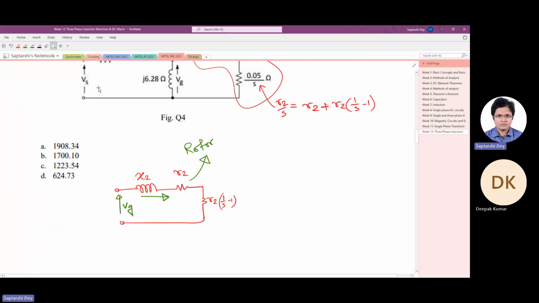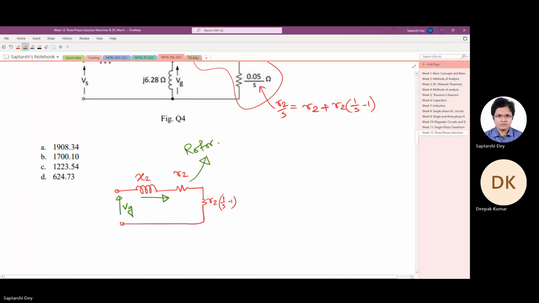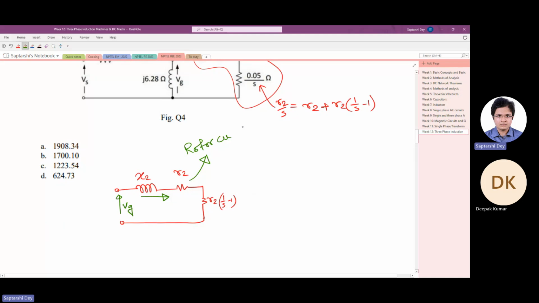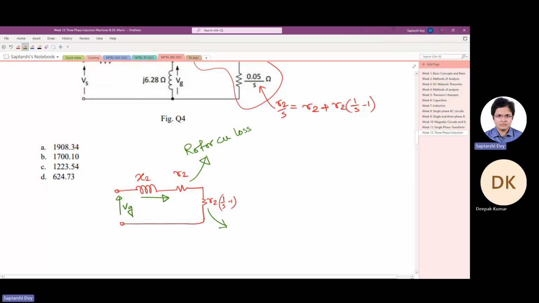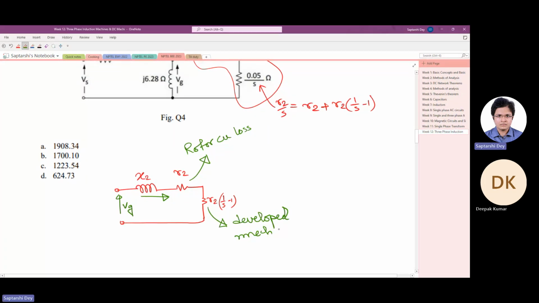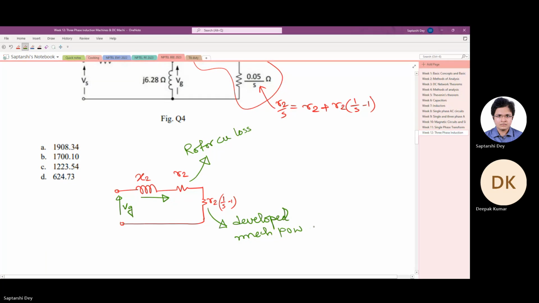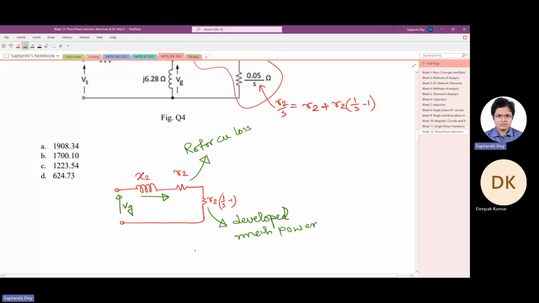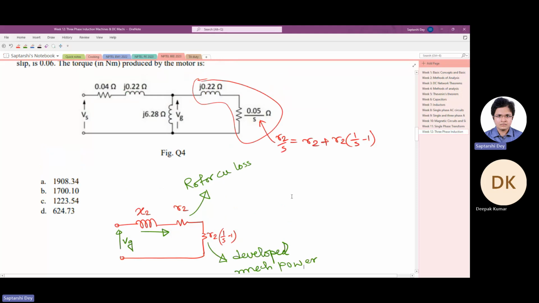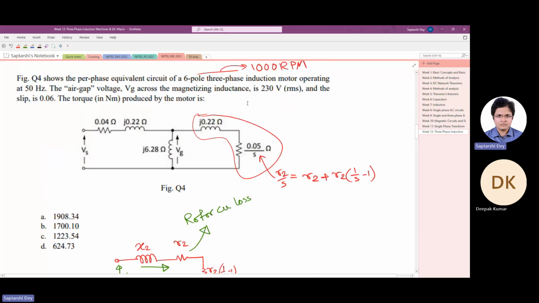So the loss happening in this resistance is the rotor copper loss, because R2 is the rotor resistance. And the loss happening in this resistance, whatever power loss, that is basically the developed mechanical power. So we have to find out the current, how much current is flowing.